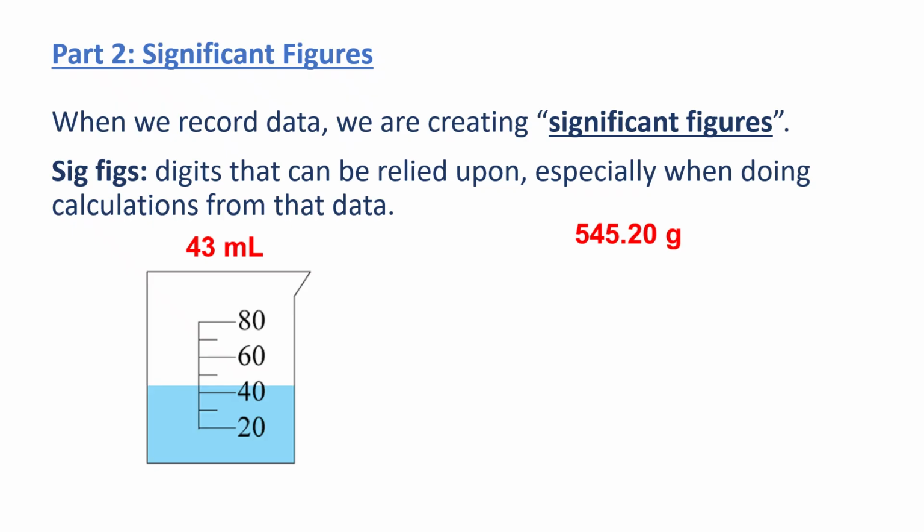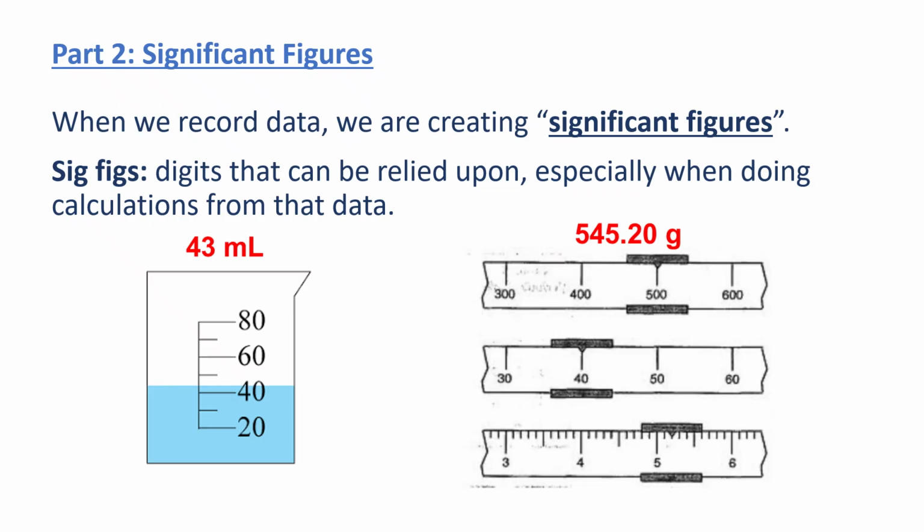The same way I know if I see 545.20 grams, I can tell that they've estimated that zero. They've estimated the hundredths place in this case. And I know that because the zero wouldn't be there if they weren't able to estimate to that level of precision.